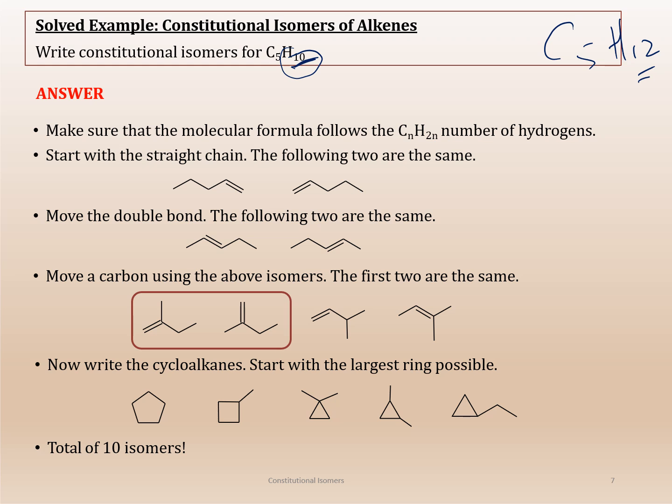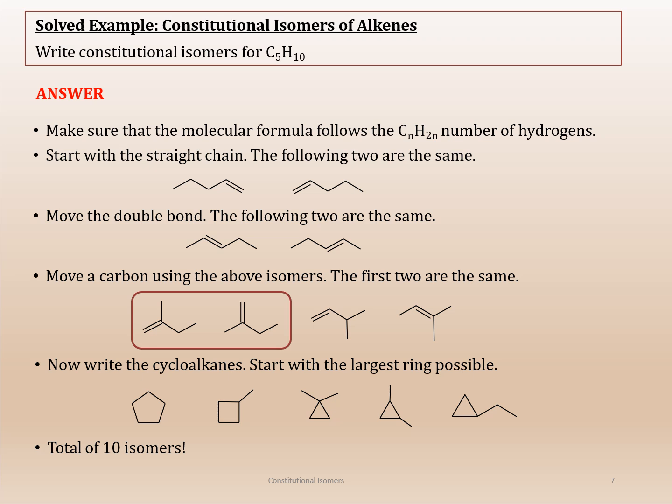So alkene, first of all, go ahead and draw the chain. Now, whether you have the double bond on the first two carbons or the last two carbons, it doesn't matter. So long as it's there, that's all that matters, meaning so long as it's at the end.